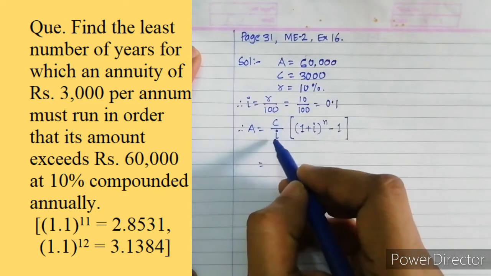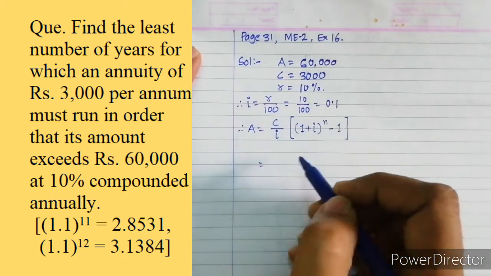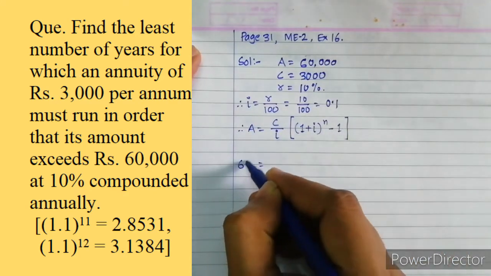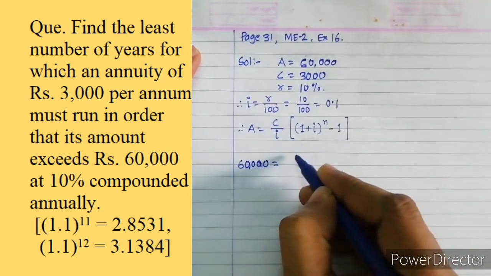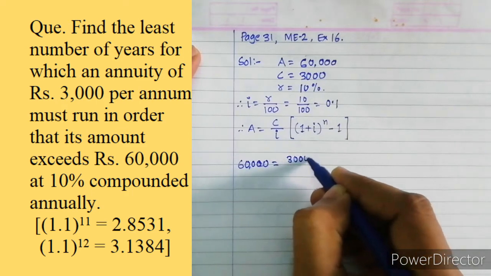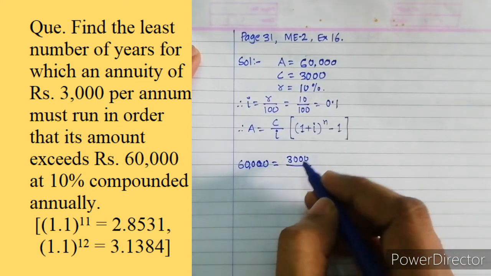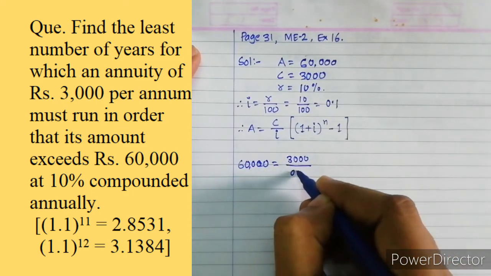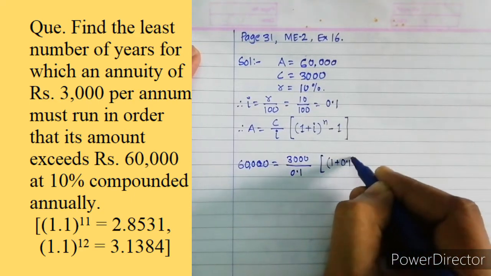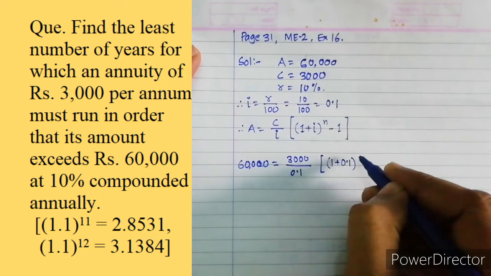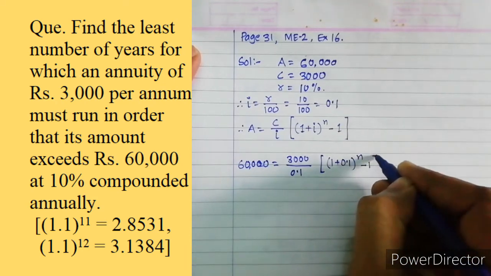So A is equal to C upon I, (1 plus I) raised to N minus 1. A is 60,000, which is equal to C is 3000 divided by I 0.1 into bracket (1 plus 0.1) raised to n minus 1.